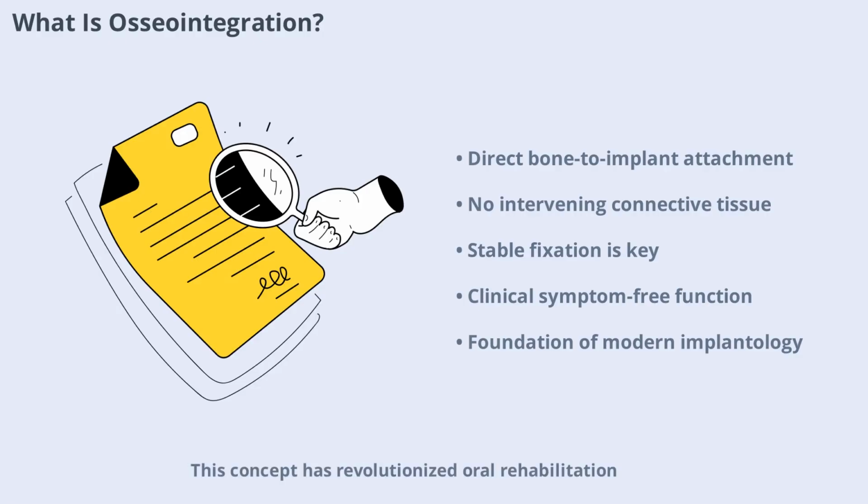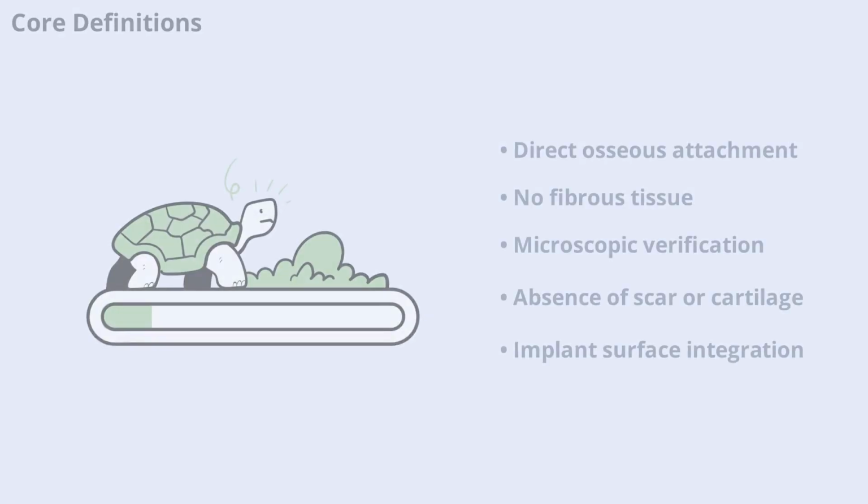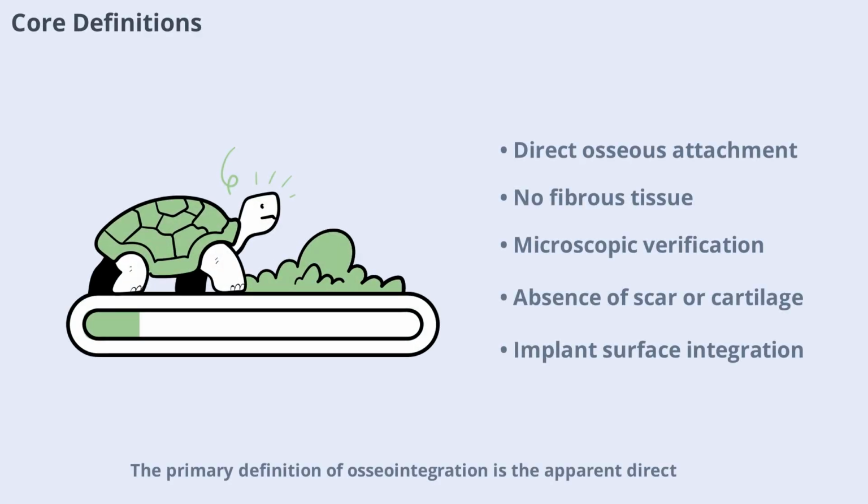This concept has revolutionized oral rehabilitation, allowing for predictable and durable implant-supported restorations. The primary definition of osseointegration is the apparent direct connection of osseous tissue to an inert alloplastic material. This means that the implant surface and the host bone tissue are joined without any fibrous connective tissue present.